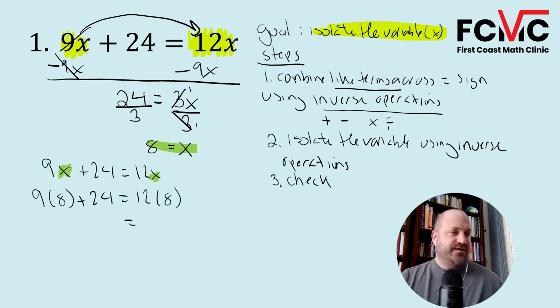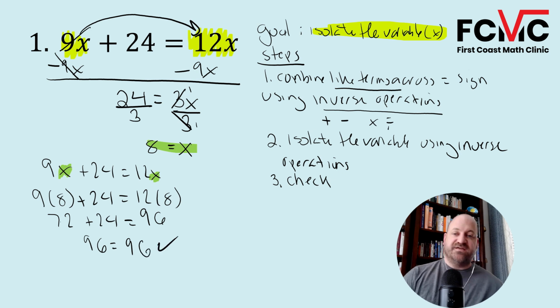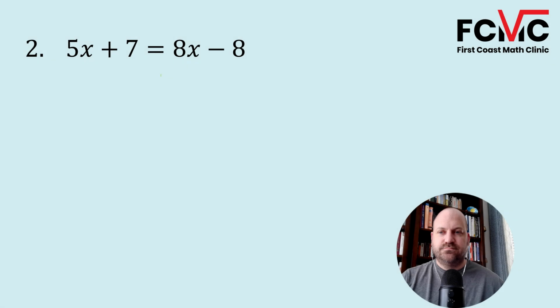Well, 12 times 8 is 96. 9 times 8 is 72 plus 24. 72 plus 24 is 96. And we get 96 equals 96. So the left side and the right side are equal to each other, so our answer checks. All right, let's get into another example.